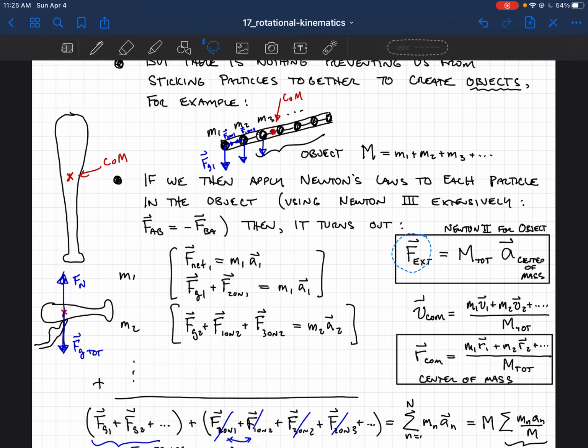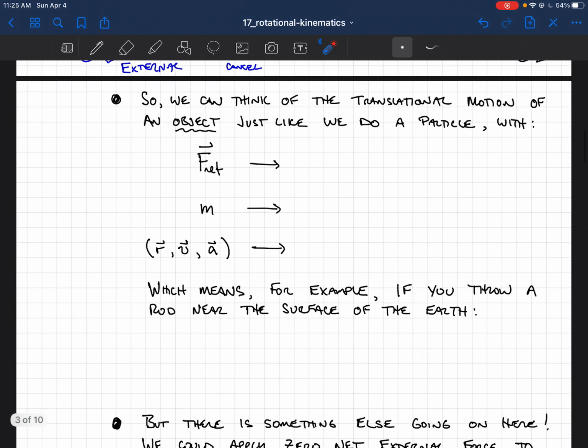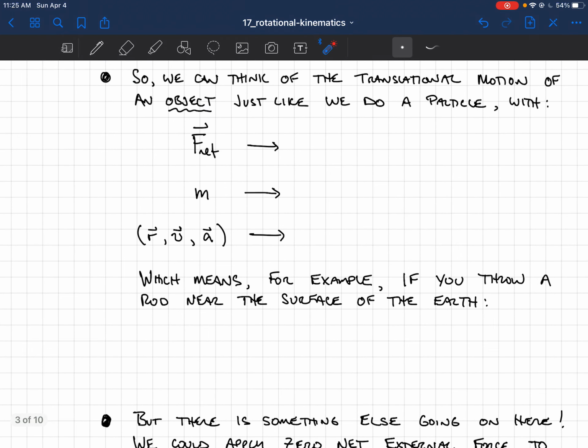And of course we did that. If we were going to do a problem with a baseball bat, we wouldn't consider the forces in between each little piece of wood within the baseball bat. We would only consider the forces on the baseball bat, external to the baseball bat. So we've been basically assuming this the whole way along.